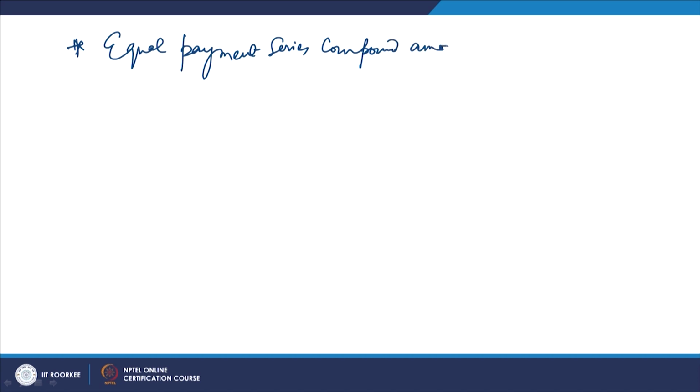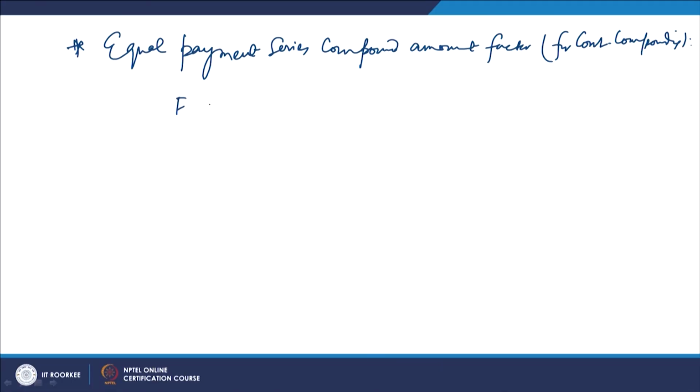Then we know the equal payment series compound amount factor, and that too for the continuous compounding cases. For this, as you know, it will be the reciprocal of the equal payment series sinking fund factor, and this factor will be multiplied with A to give you the compound amount.